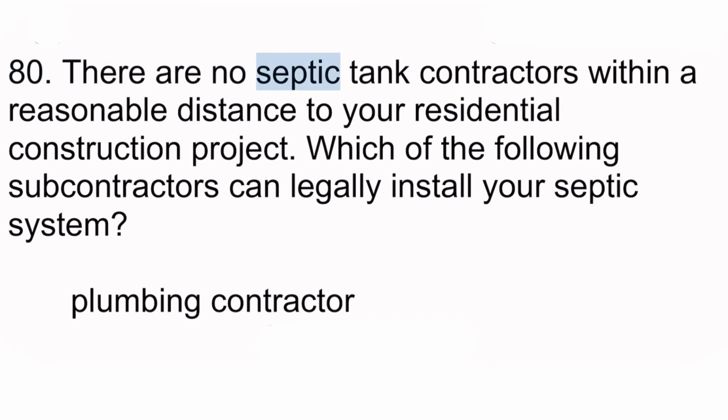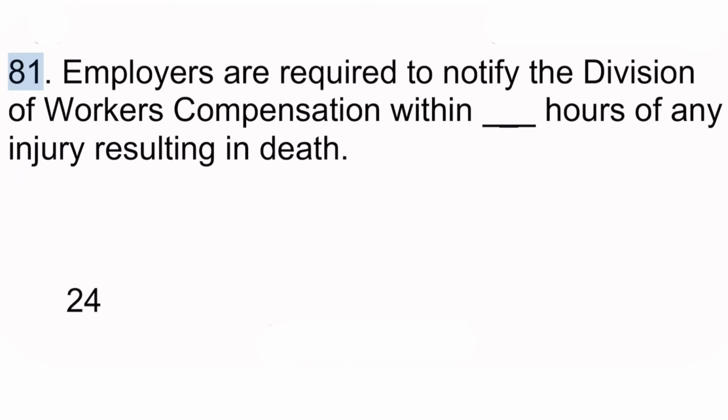80. There are no septic tank contractors within a reasonable distance to your residential construction project. Which of the following subcontractors can legally install your septic system? Plumbing contractor. 81.